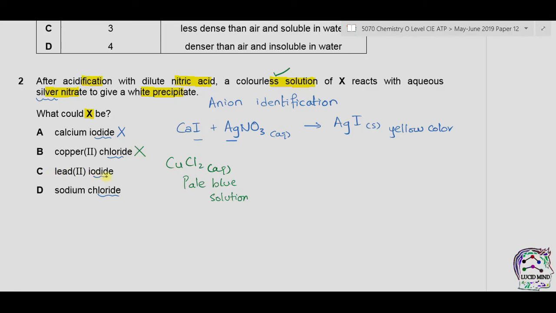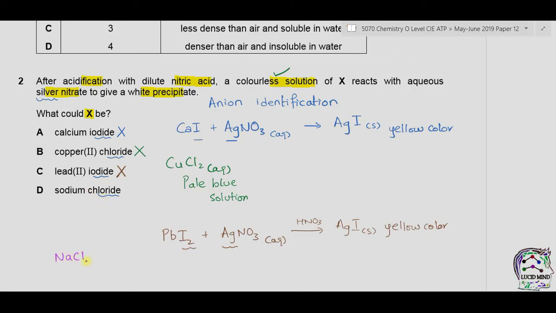C is lead 2 iodide. The formula is PbI2. It can react with silver nitrate in the presence of nitric acid to form silver iodide. Again, silver iodide precipitate is solid and it is yellow in color. So C is also incorrect. D is sodium chloride.